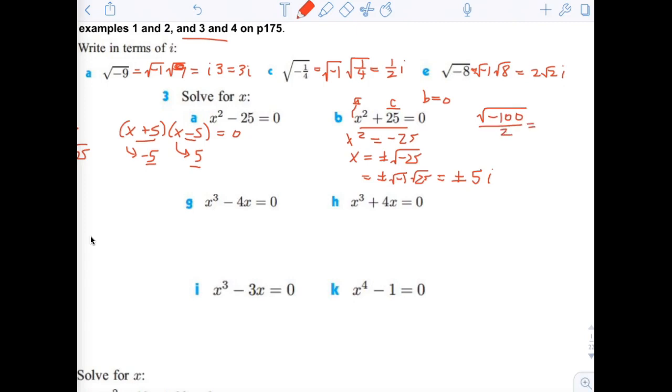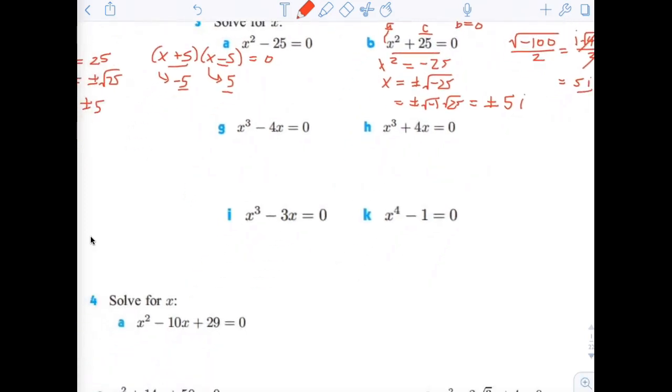Okay, and the square root of negative 100 over 2 is equal to the square root of -1 times the square root of 4 times the square root of 25. The square root of 4 cancels out with the 2 on the bottom, so you get 5i, because the square root of 25 is 5.